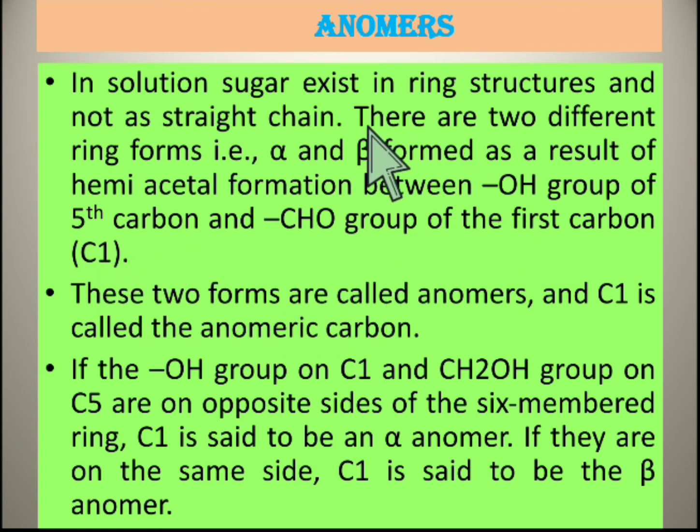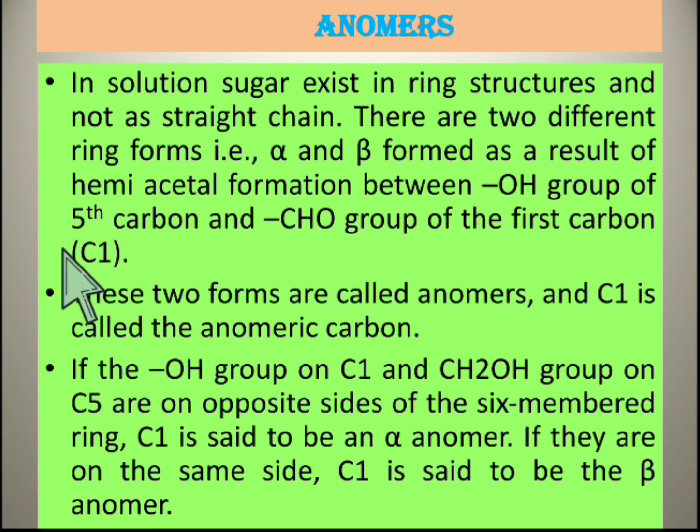These two are termed as anomers. Since the hemiacetal formation occurs between the OH group of the fifth carbon and the CHO group of the first carbon atom, this first carbon here is termed as the anomeric carbon atom.